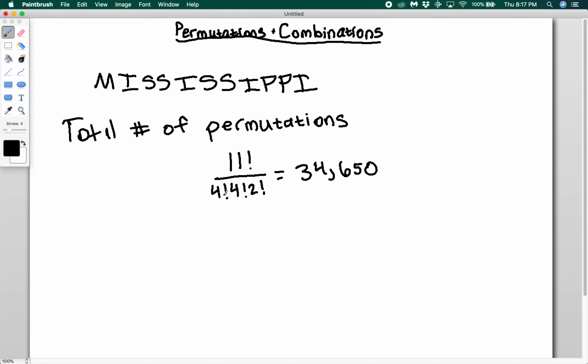And then you need to get rid of any duplicates they're going to cause, and you can figure that out based on the fact that if I have 4 of them, the number of different ways I can arrange 4 S's is 4 factorial. So that's what we're going to divide by. There's going to be that many permutations of the word where S's are just repeating themselves, and you're getting the same permutation again with the same S's. And that's about it for permutations.